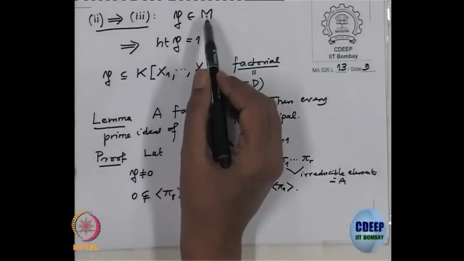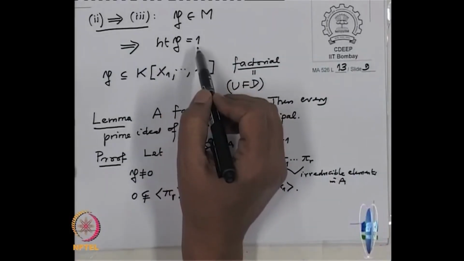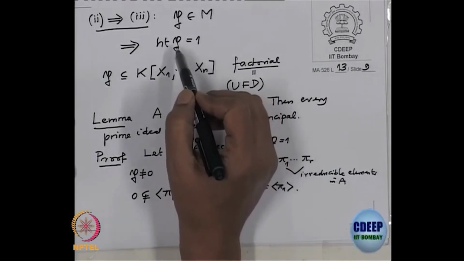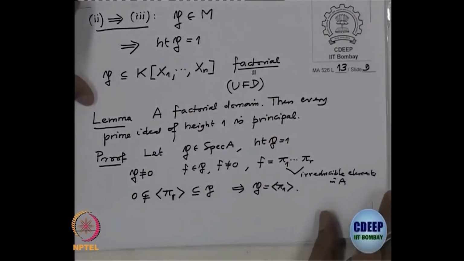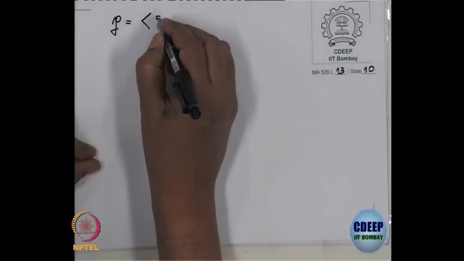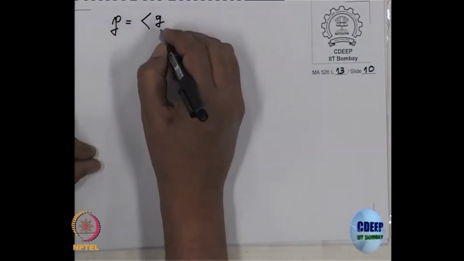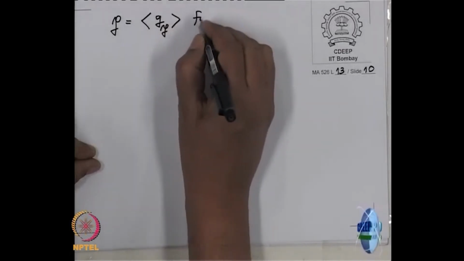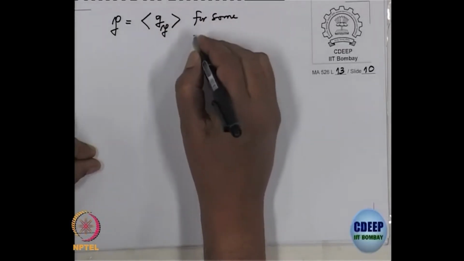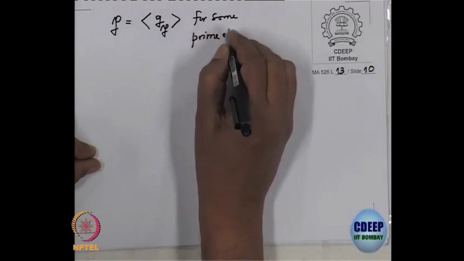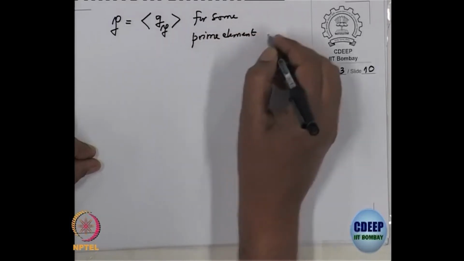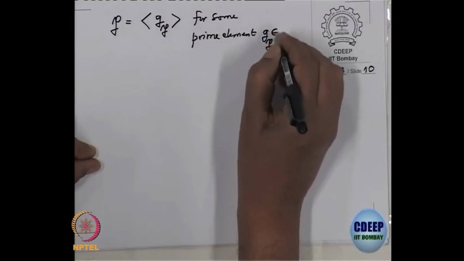Okay, so now that is precisely the situation we have when P is in M, height P has to be 1 and therefore, P is principal. So, choose a generator for P. P is therefore generated by some element, let me call it, this generator will depend on this P. So, I will write g_P for some prime element g_P in the polynomial ring.